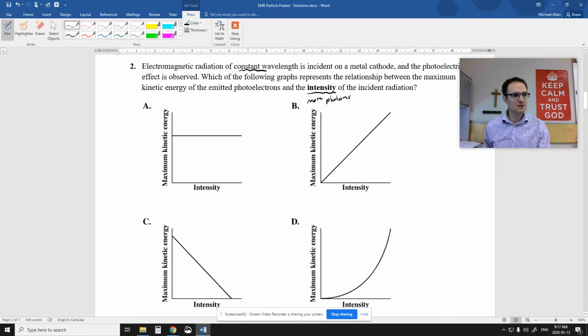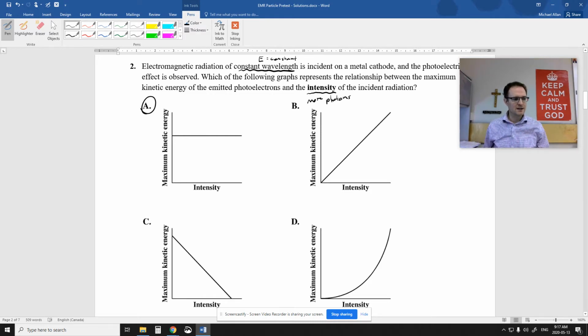It says up here the wavelength's constant, so that means the energy is constant. Each photon still has the same amount of energy. Remember, it's a one-to-one relationship. So it's not going to change the kinetic energy of each of the electrons, because the photons all have the same energy. So it's going to be A in this situation.